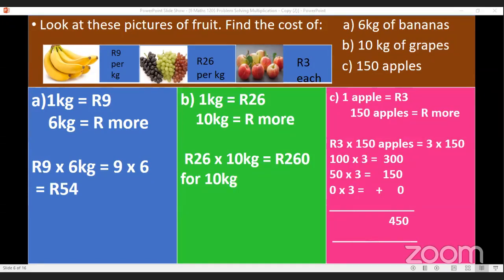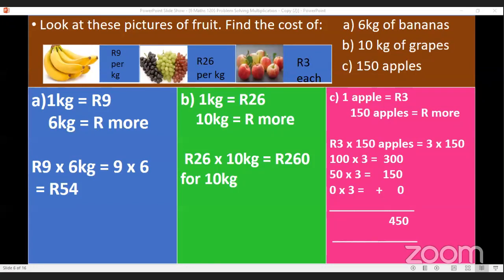Hi, Amanda. How are you? I'm okay, and you, ma'am? I'm also good. So you are doing the apples. How much does one apple cost? 3 rand. And how many apples should you find? We should find 150. So should you say 3 plus 150?